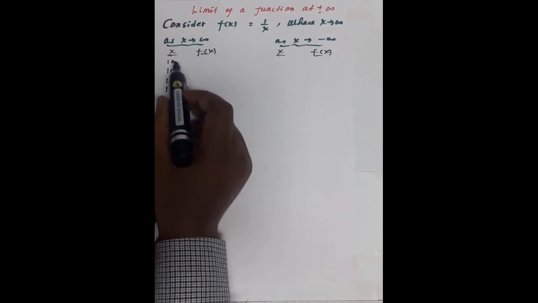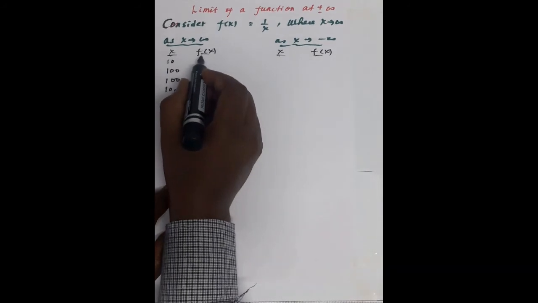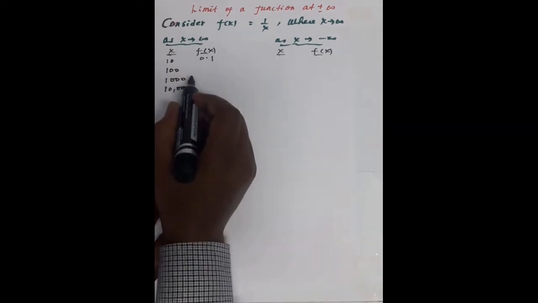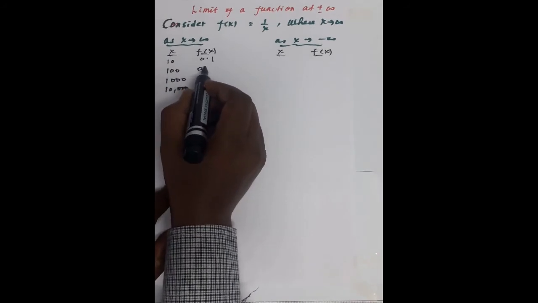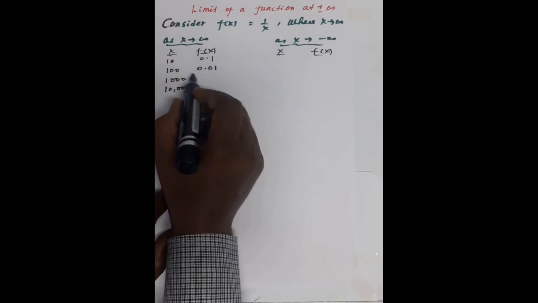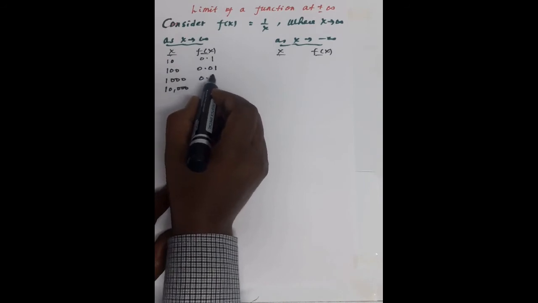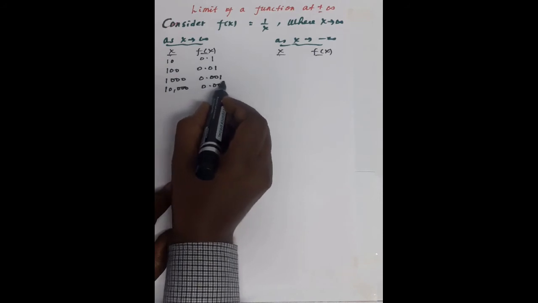When x is equal to 10, the function f of x will be 0.1. When x is equal to 100, f of x becomes 0.01. 1000, 0.001. 10,000, 0.0001.